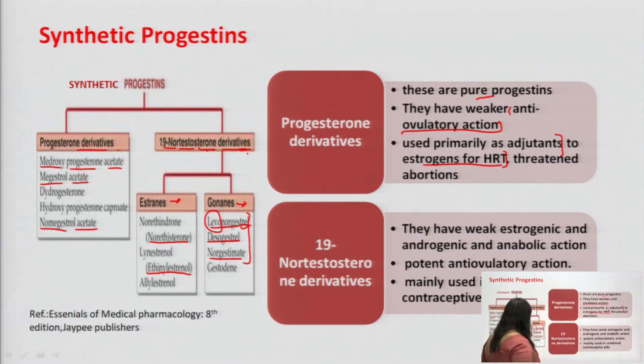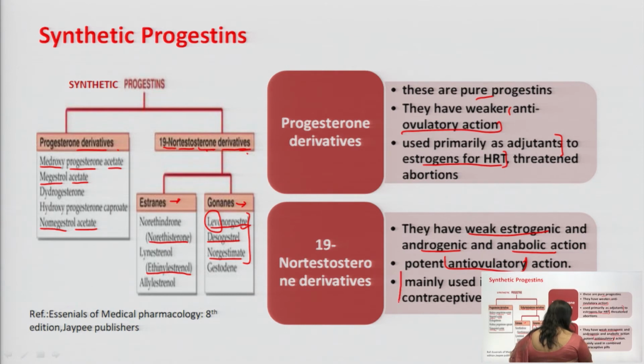Whereas these 19-nortestosterone derivatives have very weak estrogenic action, weak androgenic action, weak anabolic action, but a very potent anti-ovulatory action, and they are mainly used in contraceptive pills.